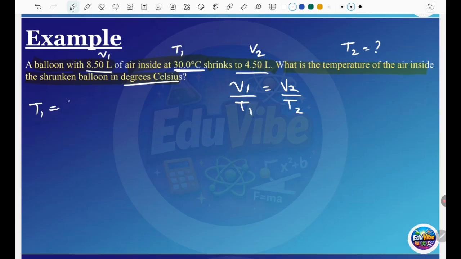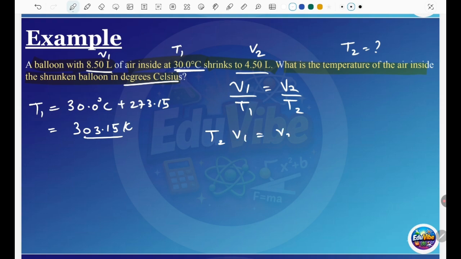So we have 30.0 degrees Celsius plus 273.15, and you will get 303.15 Kelvin. Now we have to find T2. So T2 is equal to V2 T1 upon V1.